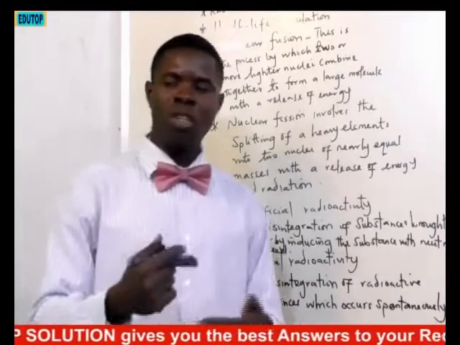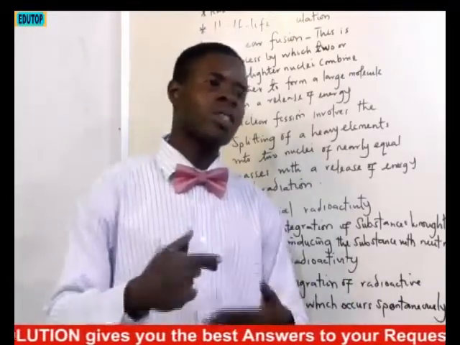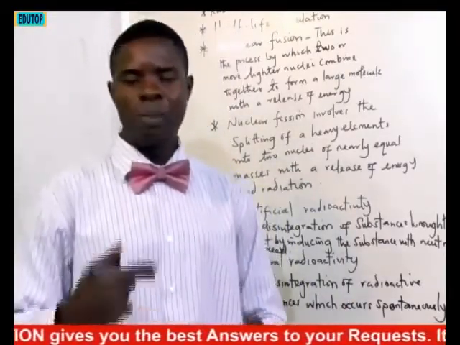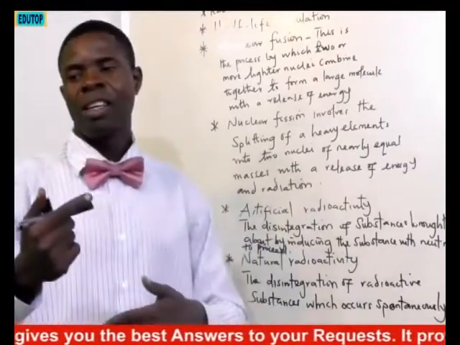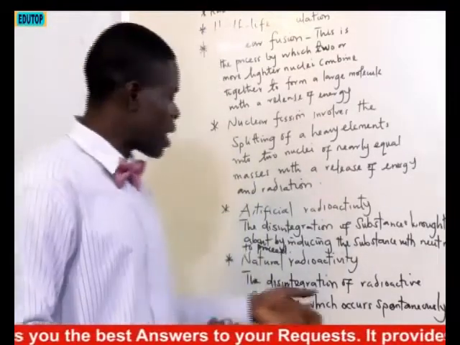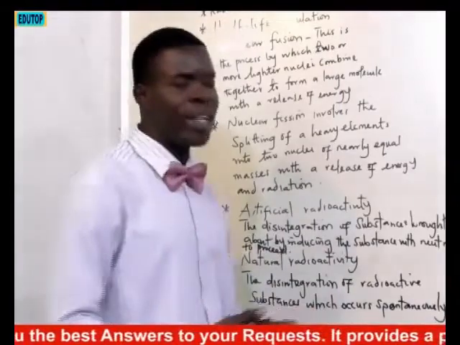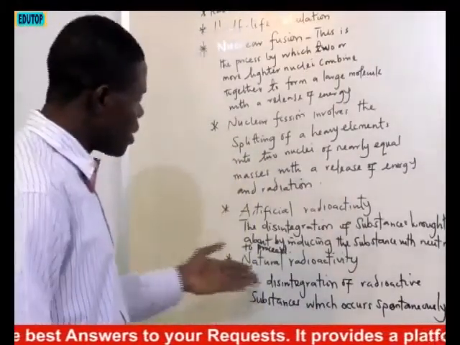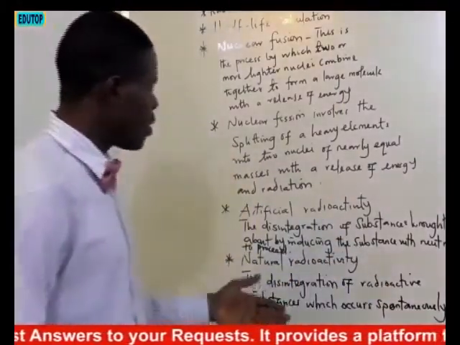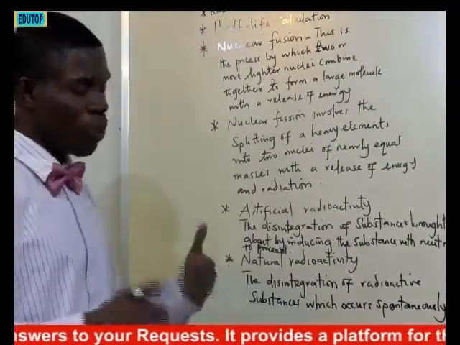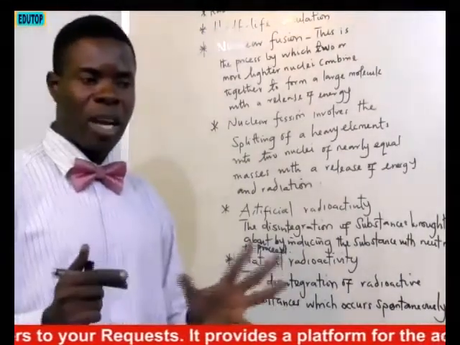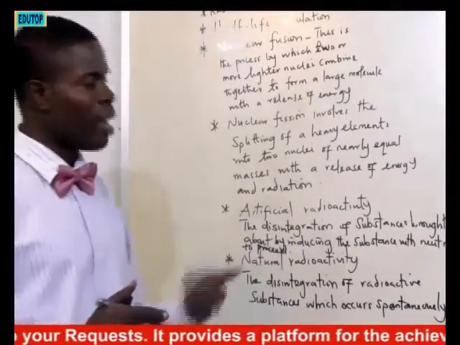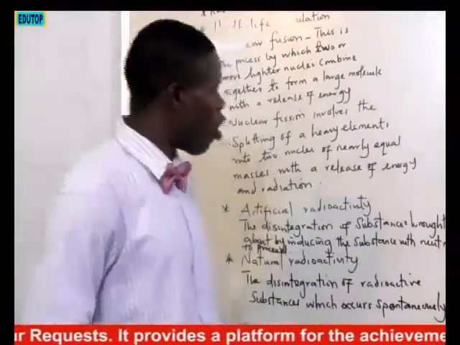There will be induction. You need to induce the substance of interest before the reaction can proceed. But in the case of natural radioactivity, the disintegration of radioactive substance occurs spontaneously. So without external influence, it will readily occur.